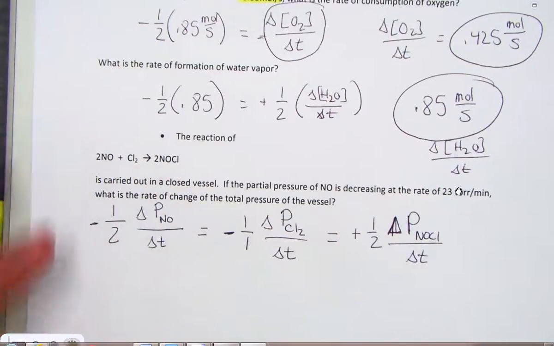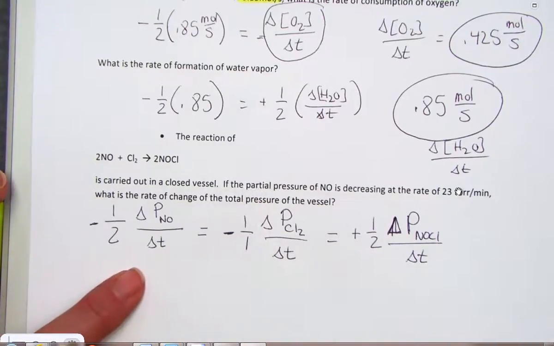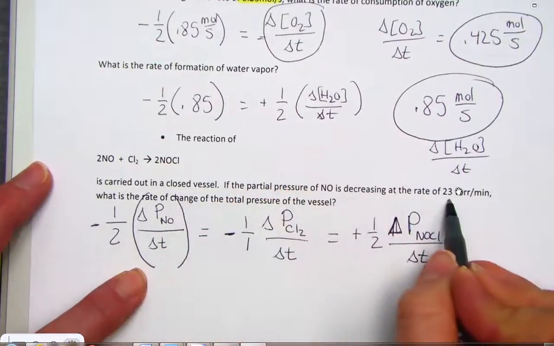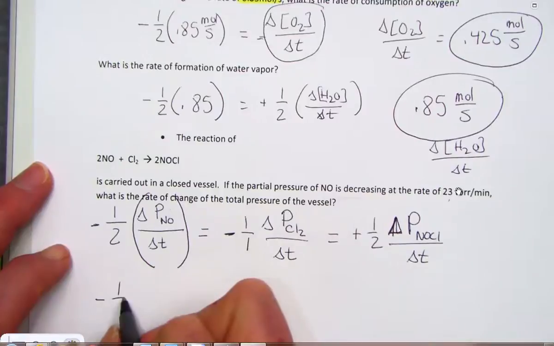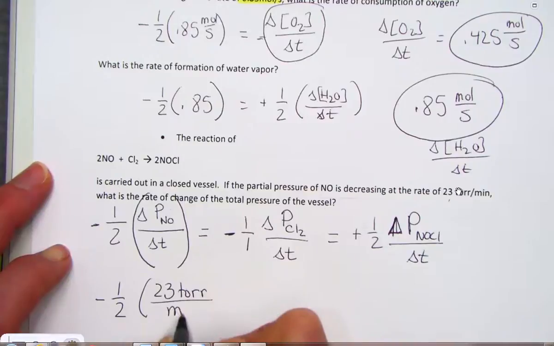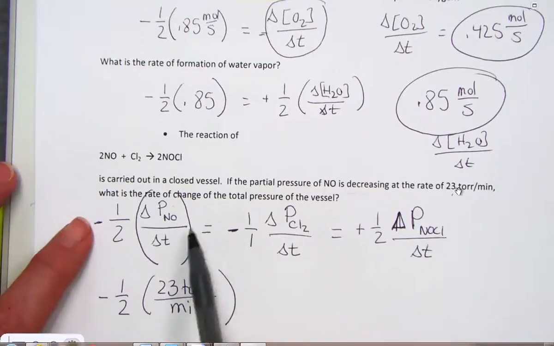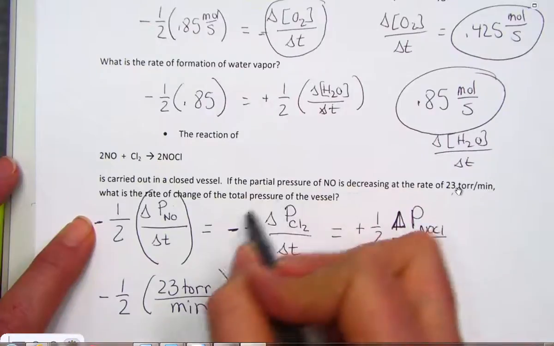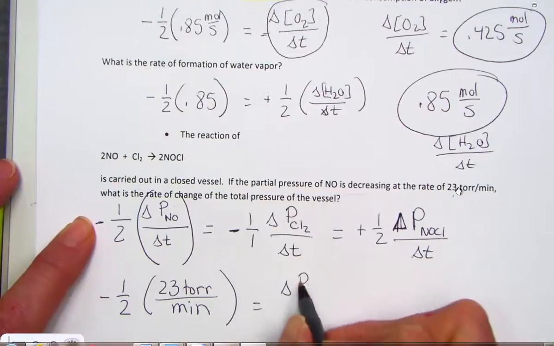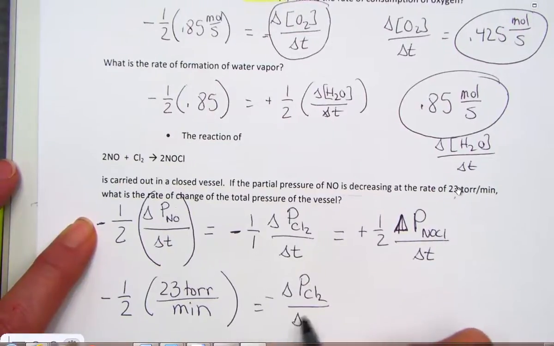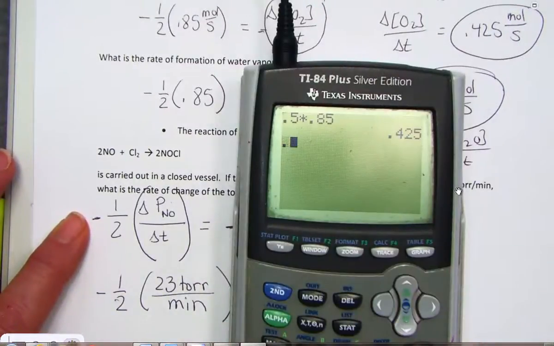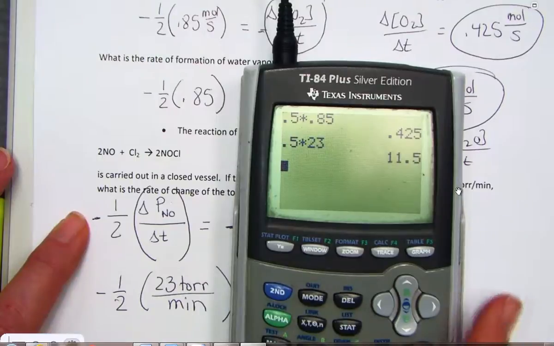So what have they told us? They've told us partial pressure instead of molarity units, but the math is still the same. This value, the partial pressure of NO, 23 torr per minute. And so if I want to know what's happening with this particular reactant, that 1 over 1 I'll just drop out, its change in partial pressure, decreasing as well, would be 1/2 of 23. 1/2 of 23 is 11.5.